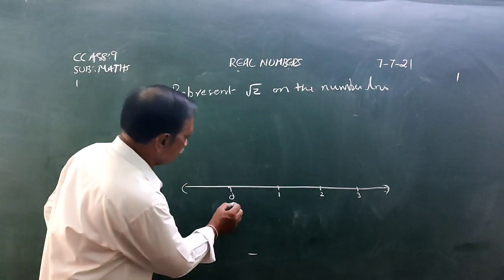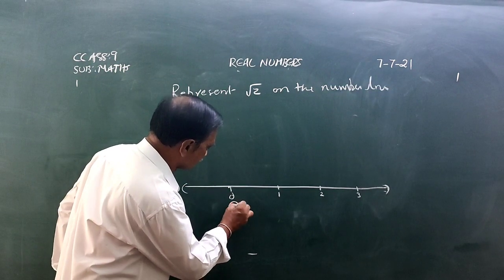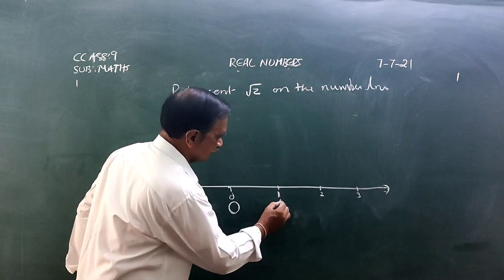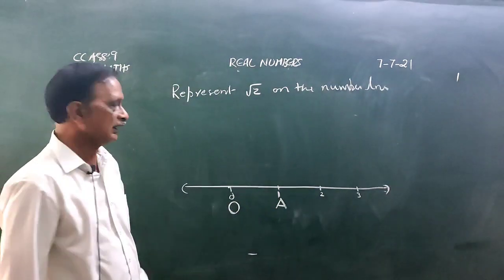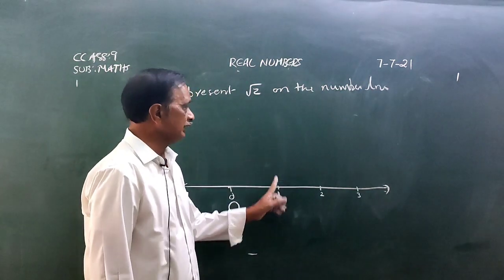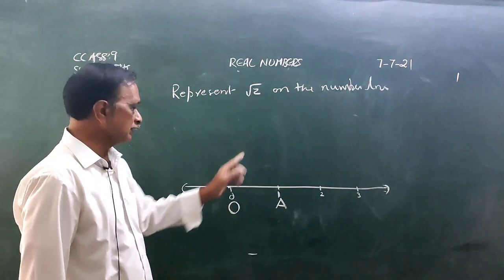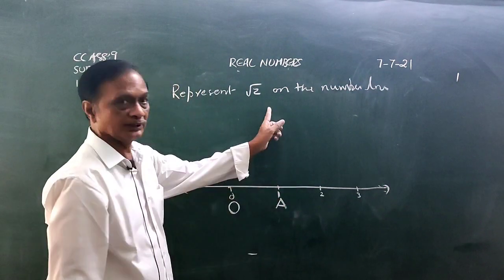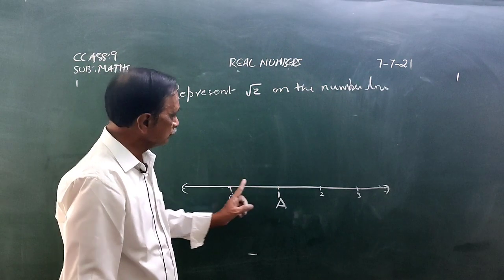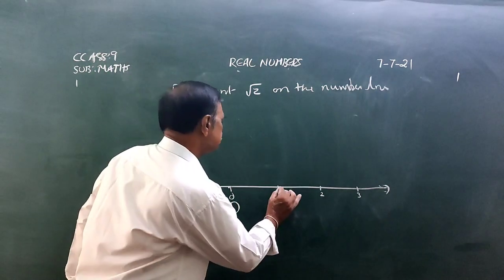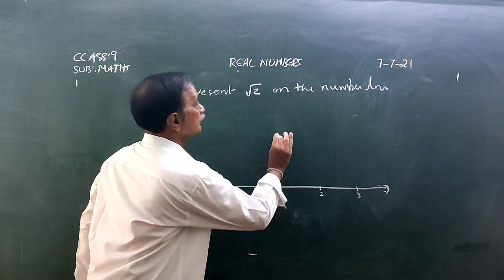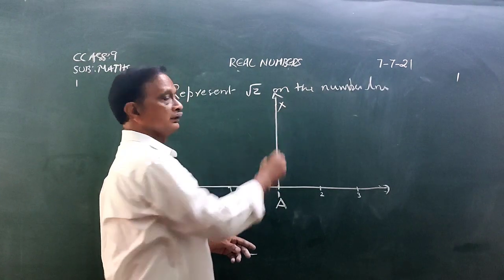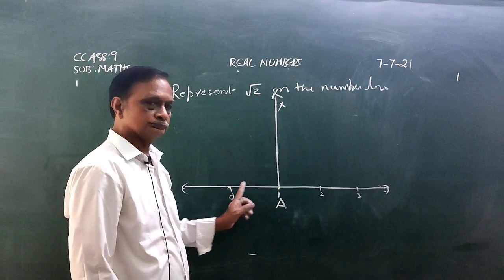Now we denote this 0 with the letter O and we denote this number 1 with the letter A. At A, I draw AX ray which is perpendicular to OA. See, by using a protractor, I draw AX ray which is perpendicular to OA.